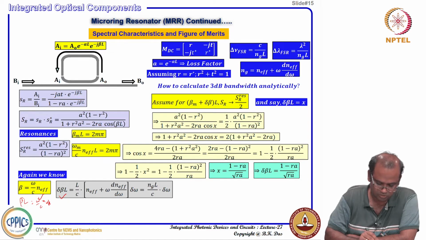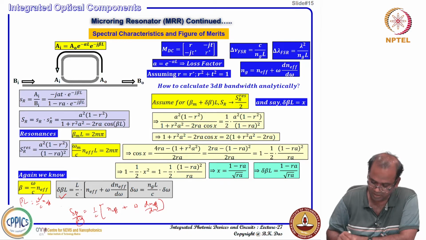Now, I take the derivative with respect to omega: delta beta equals 1 by c times delta omega times n effective plus omega d n effective by d omega, right.